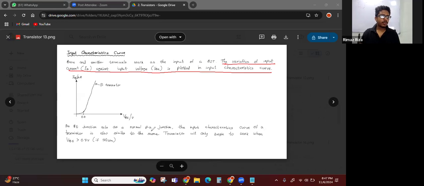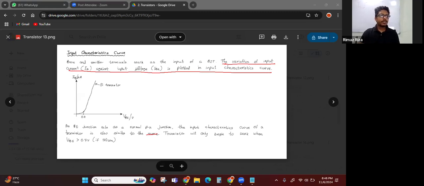Okay, as BE junction acts as a normal PN junction. A PN junction we studied earlier, like in diodes. The input characteristic curve of a transistor is also similar to the PN junction. You have right here PN junction.